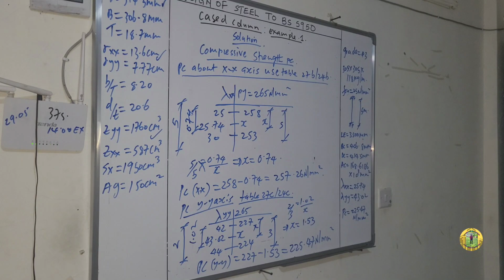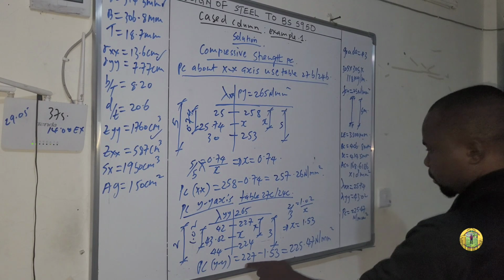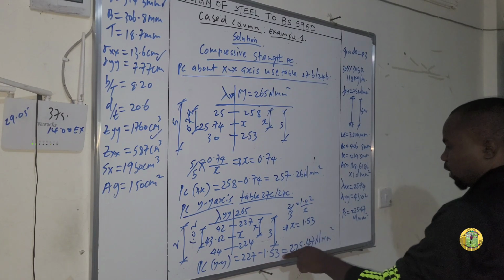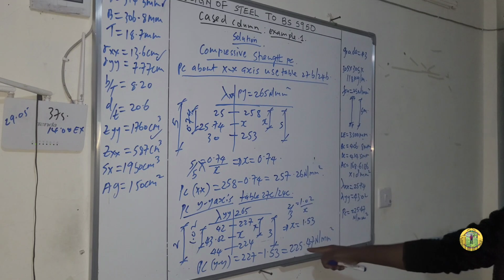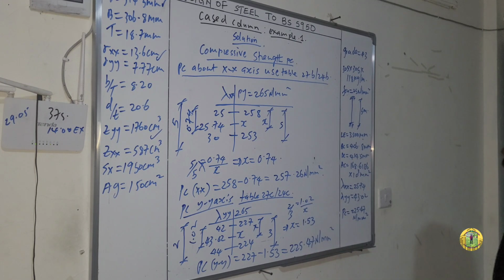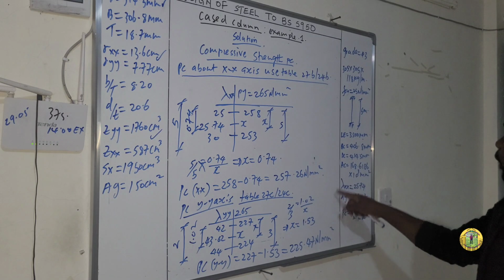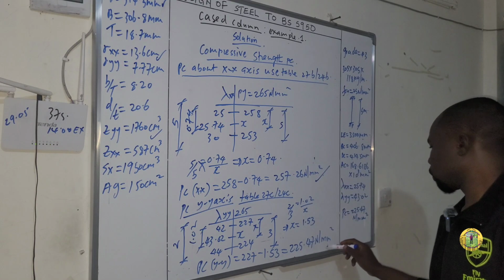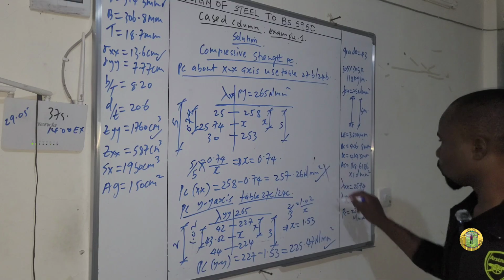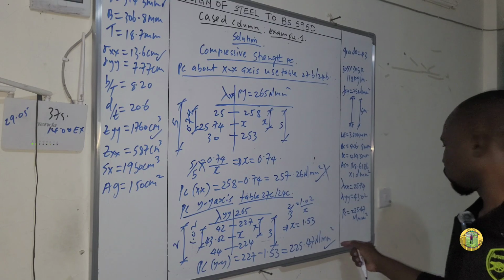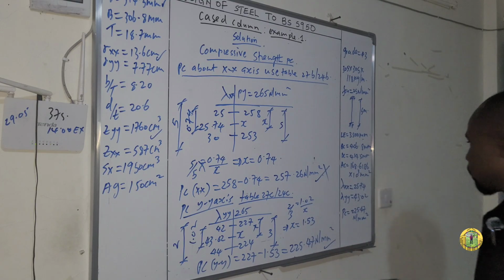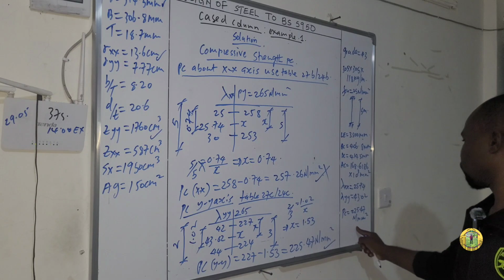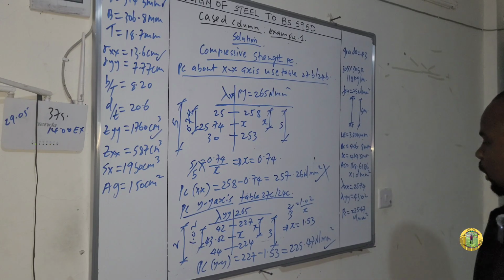So the PC about YY axis will be 227 minus 1.53, which will give us 225.47 Newton per millimeter square. And then the PC that we will use, it should be lesser between these two. So as you can compare, this is 257 and this is 225. So we'll not use this one because it is higher than this. So we'll use 225.47. So our PC will be 225.47 Newton per millimeter square.